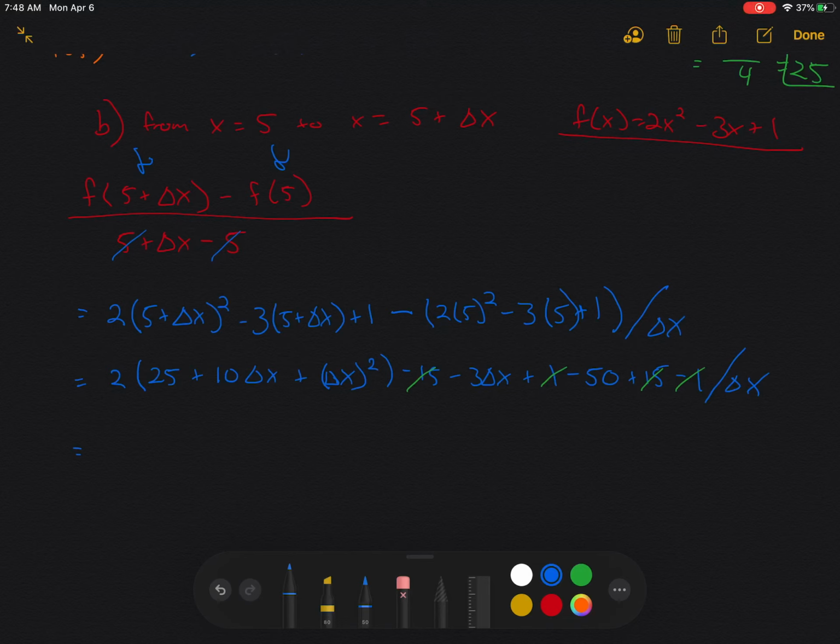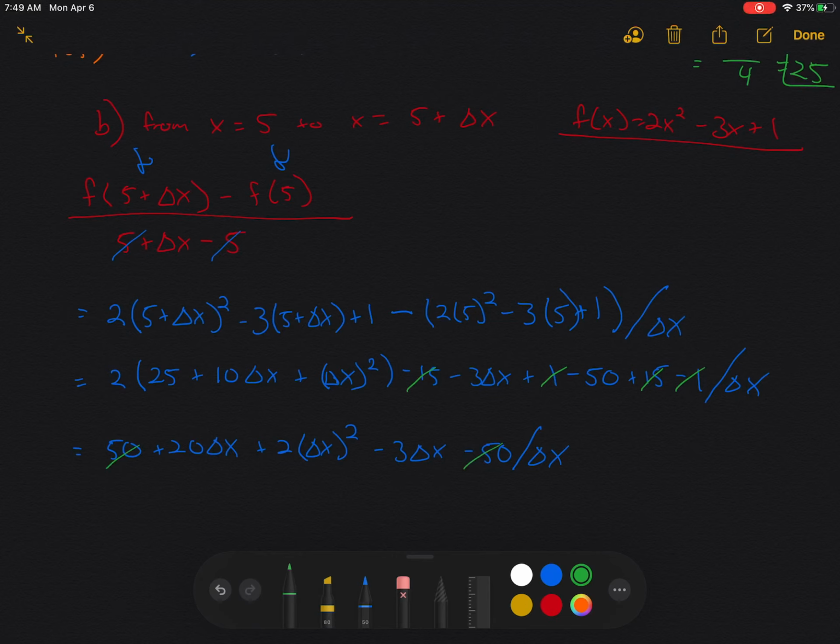So the next line. What we're left with is 50, because now we're distributing that too. So we're left with 50 plus 20 delta x plus 2 delta x squared minus 3 delta x minus 50 divided by delta x, as always.